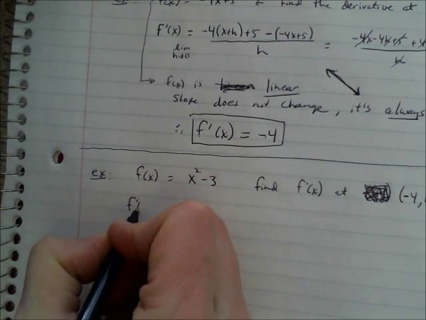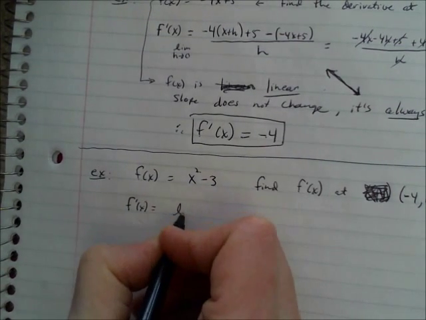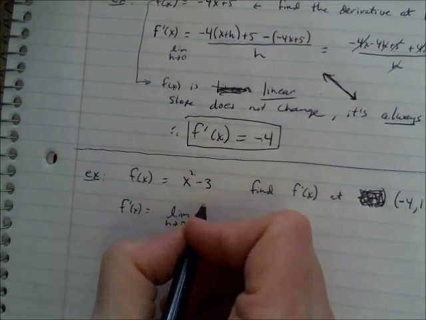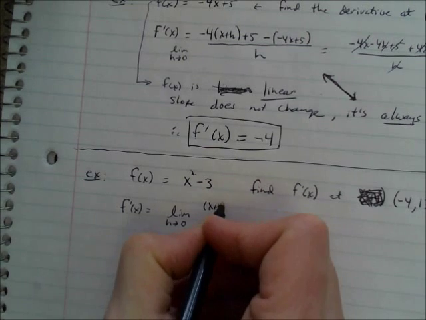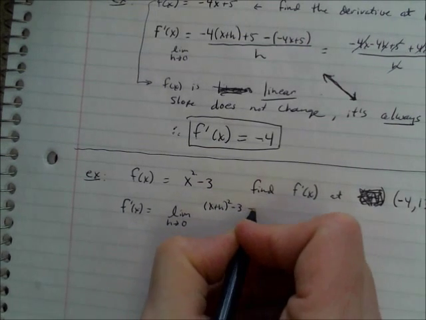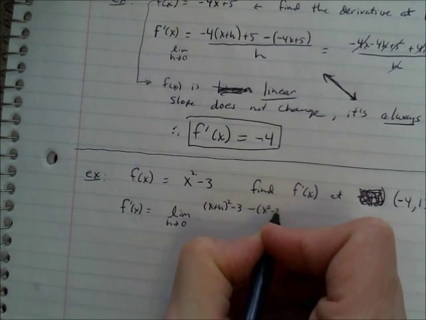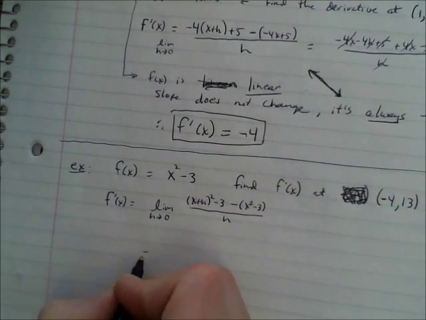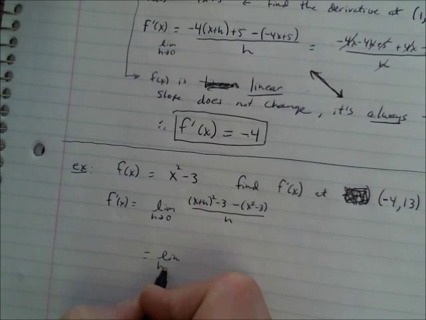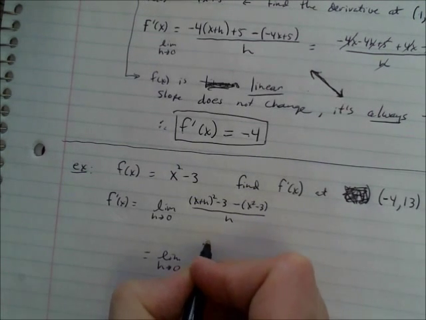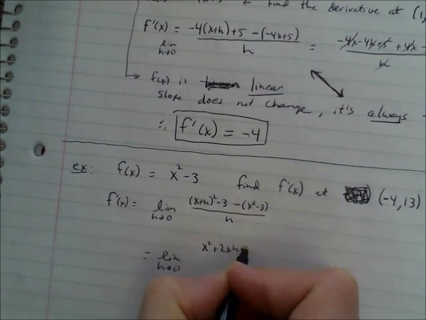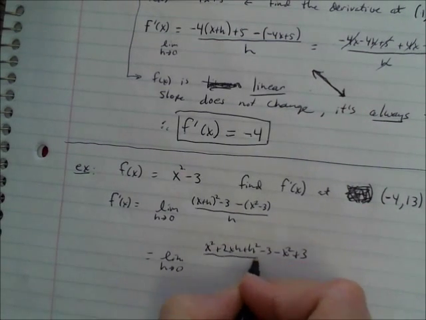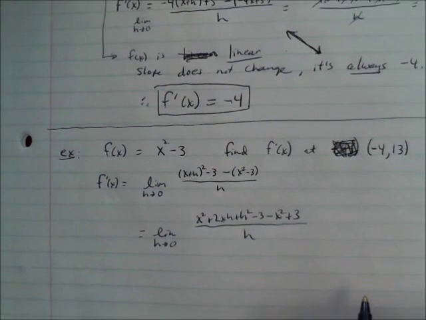F prime of x is equal to the limit as h approaches 0 of f of x plus h minus f of x all over h, which is the limit as h approaches 0 of x squared plus 2xh plus h squared minus 3 minus x squared plus 3, all over h.